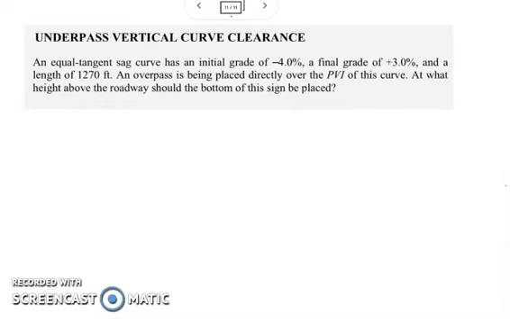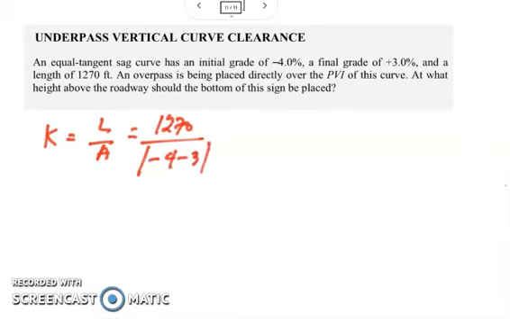To identify the design speed, we have to determine the value for K. To start with our solution, K is equal to L all over A. L is 1,270, and A is the absolute value of the difference between G1 and G2, so -4 minus 3, which gives us K of 181.4.